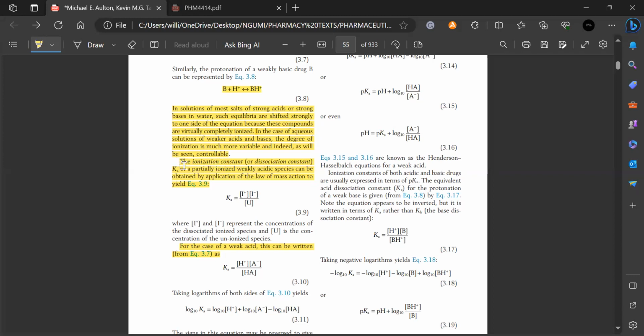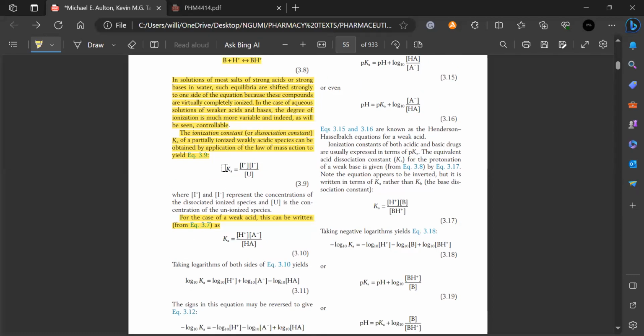So our ionization constant is usually Ka of our partially ionized weakly acidic species and can be obtained by the application of the law of mass action to the yield. So from this equation, I plus and I minus are the concentrations of the dissociated ionized species, and U is the concentration of the unionized species.